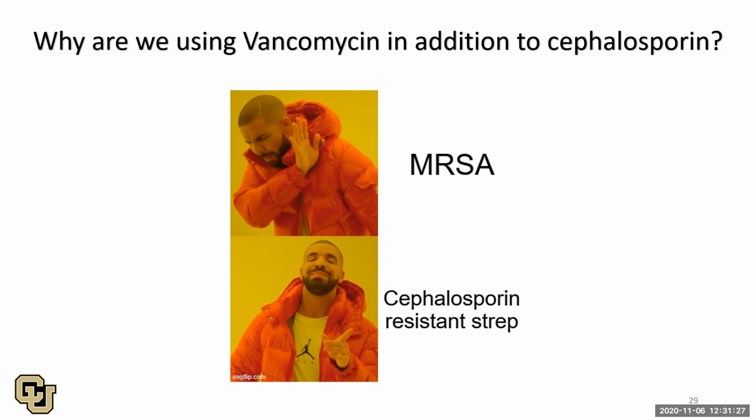And so strep pneumonia in patients that have had recent antibiotics, or just in the community, can be resistant to ceftriaxone. And so you need to add the vancomycin to double cover the strep, which is the reason we use vancomycin in all patients with bacterial meningitis.